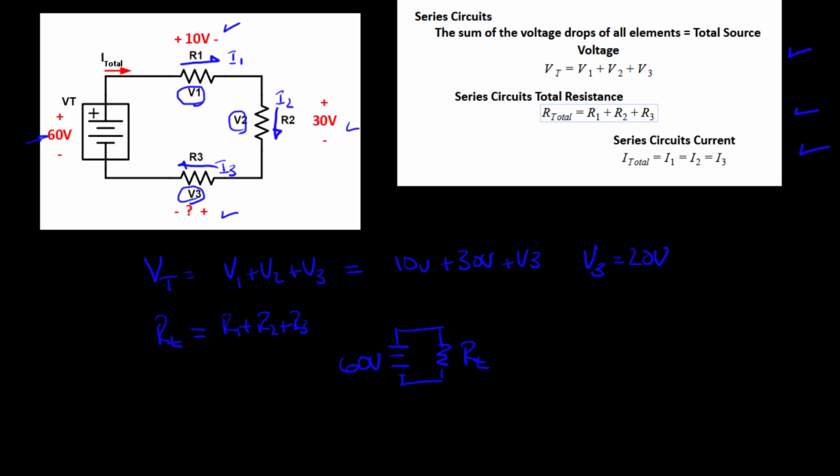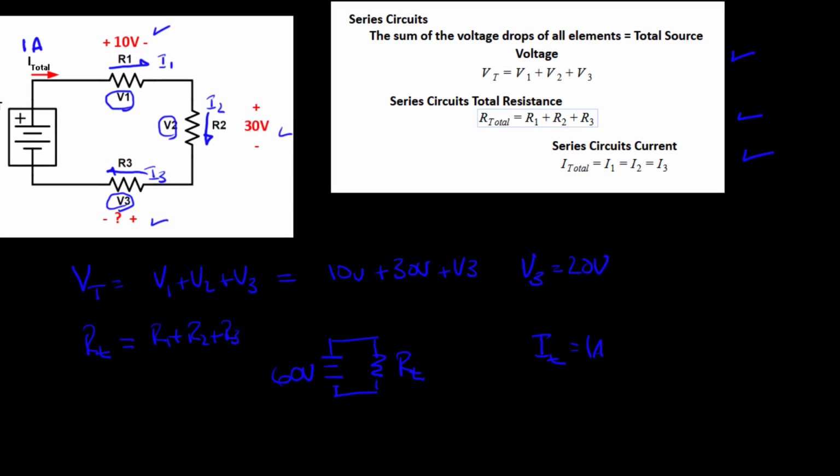Now if I told you that I total in this circuit was equal to 1 amp, so let's write that in, could I solve now for R1? I absolutely could. I could use Ohm's law. I haven't written much for Ohm's law up here yet, so let's go through that.